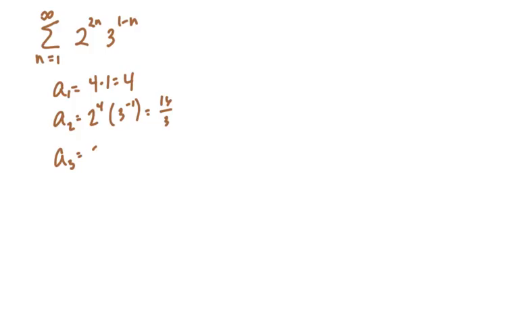A sub 3, we have 2 to the 6th and 3 to the minus 2. So 2 to the 6th is 64 over 9. And a sub 4 is 2 to the 8th and 3 to the minus 3.